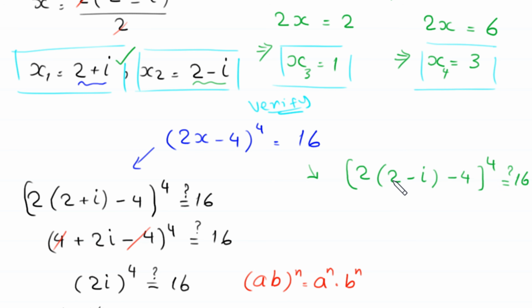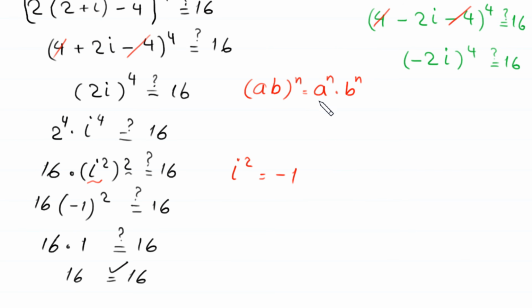Now this is 2 times 2, 4, and 2 times negative i, negative 2i, minus this 4, whole to the power 4. Is it equal to 16? Now this negative 4 will be cancelled out with this positive 4, and here we are left with (negative 2i) whole to the power 4. Is it equal to 16?